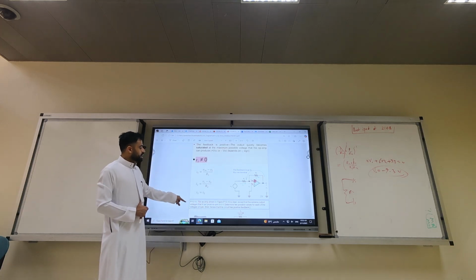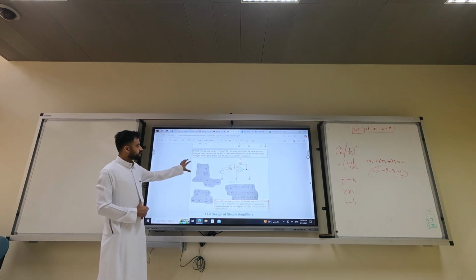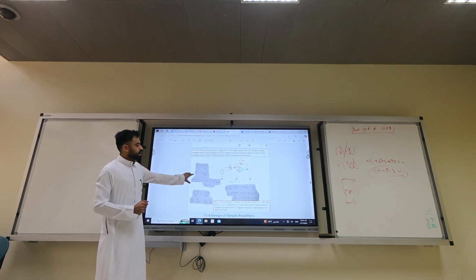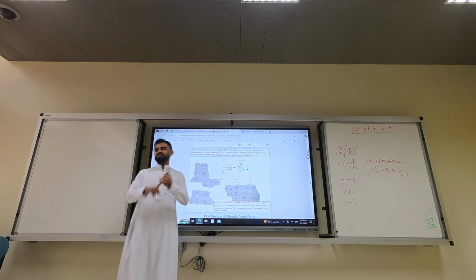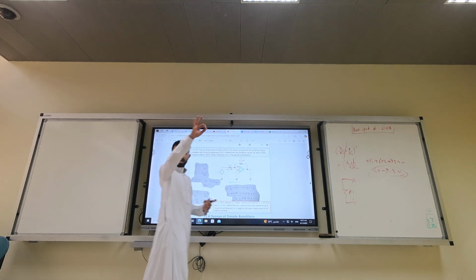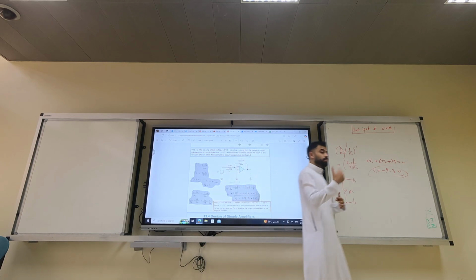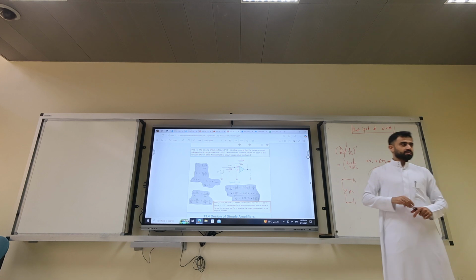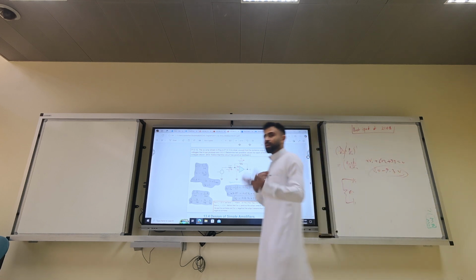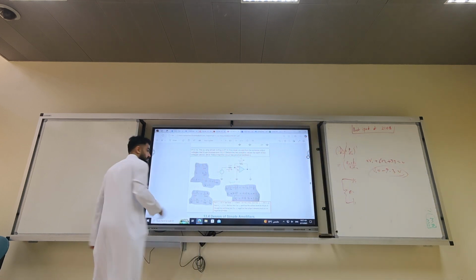If you do circuit analysis, for example, this example: the op-amp shown is ideal, except... Now we haven't seen positive feedback in 3 exams, so the chances it will come in this exam is very low. Okay? So maybe it will not come. Maybe it will come.